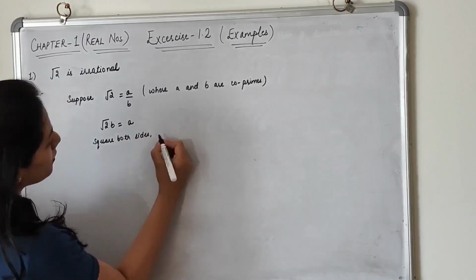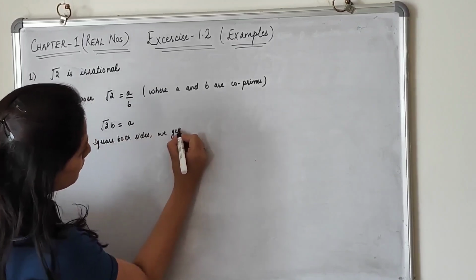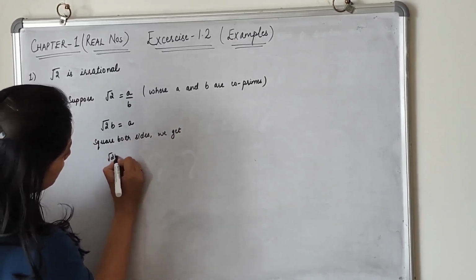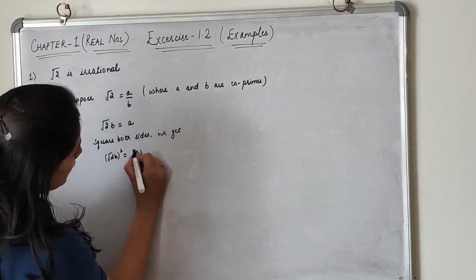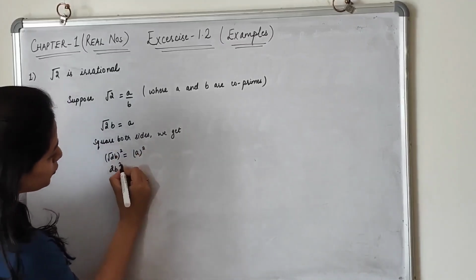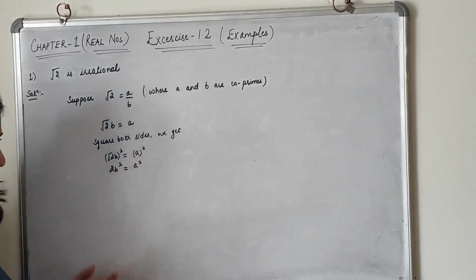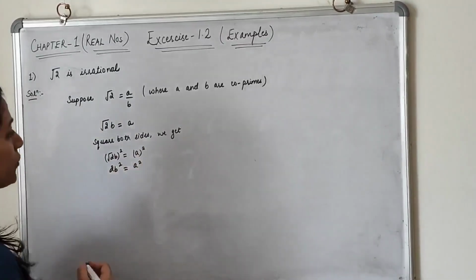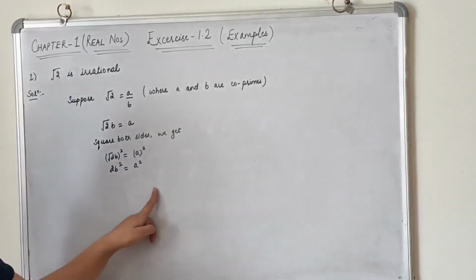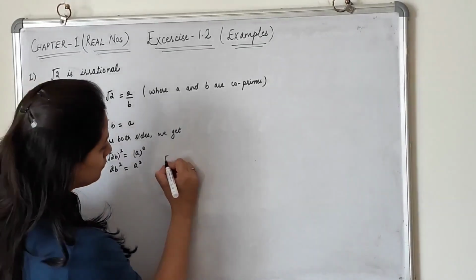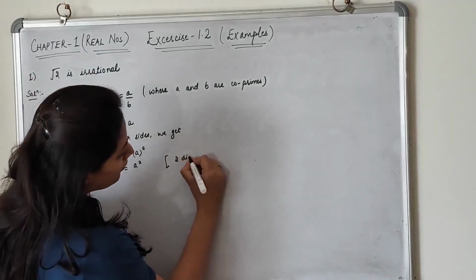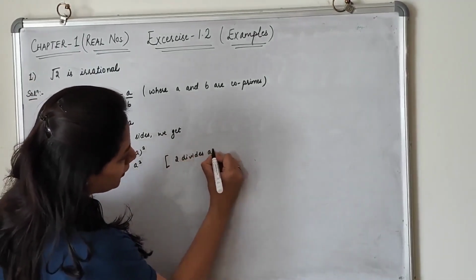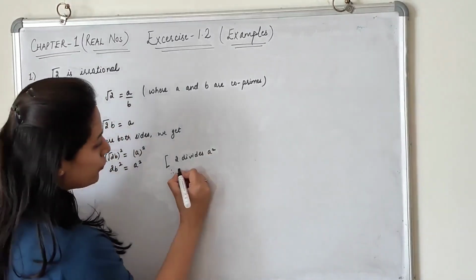Squaring both sides we get 2b square is equal to a square. So what you observe here? a square is divisible by 2. 2 divides a square.